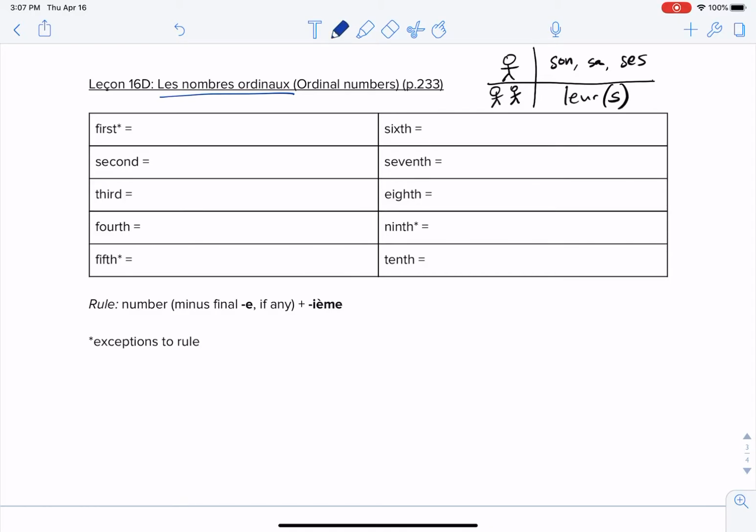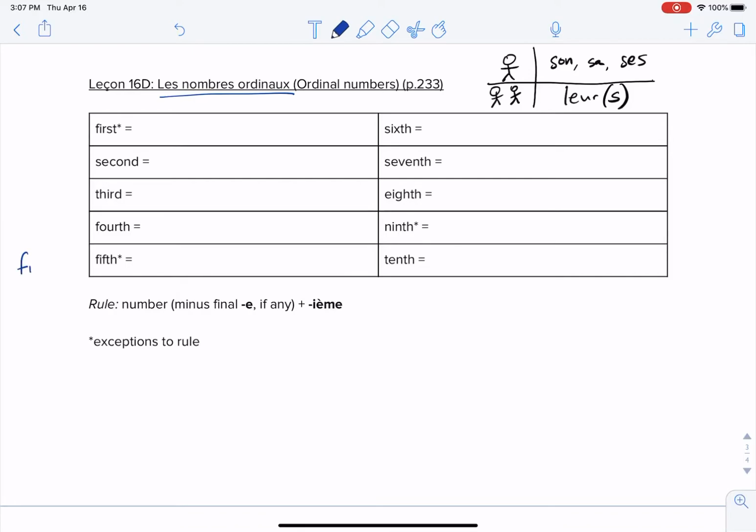However, there are some exceptions, like for number 1, we don't just take 1 and add th to get 1th. 2, we don't say tooth, right? So there's a pattern, but many of the numbers follow that pattern, but a handful of exceptions.